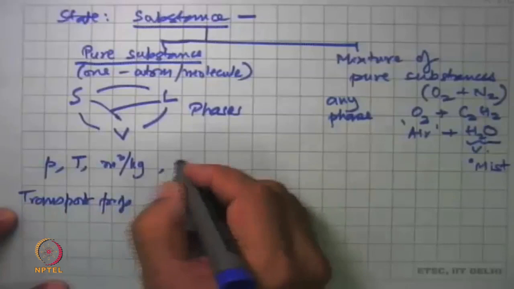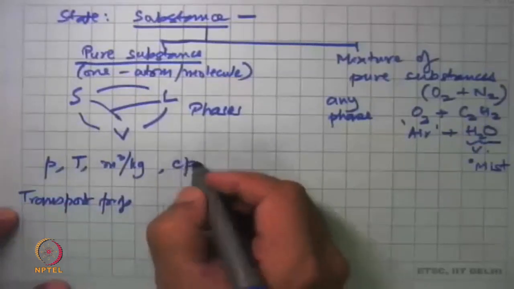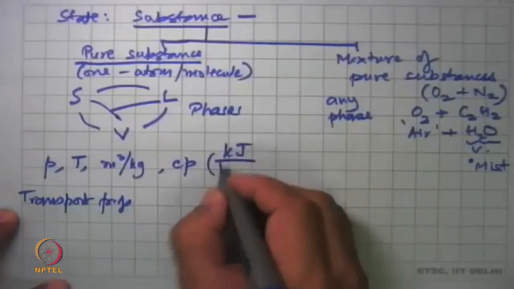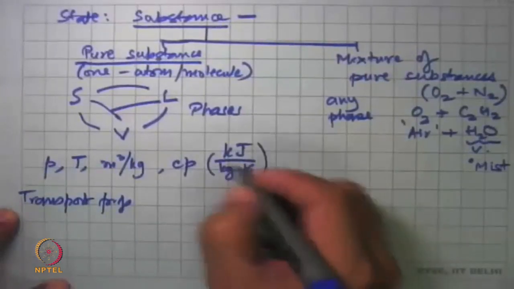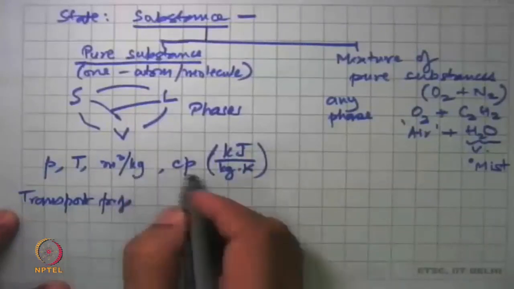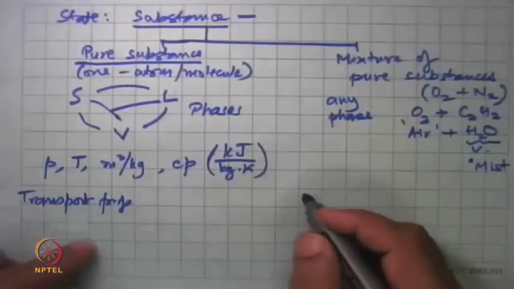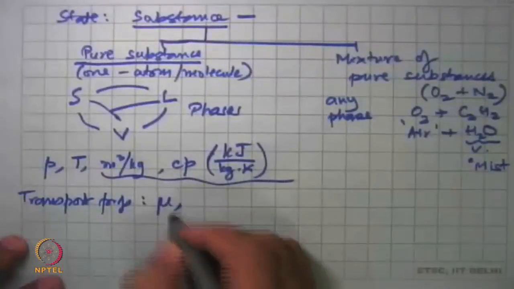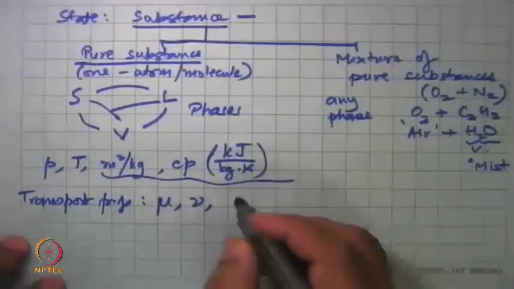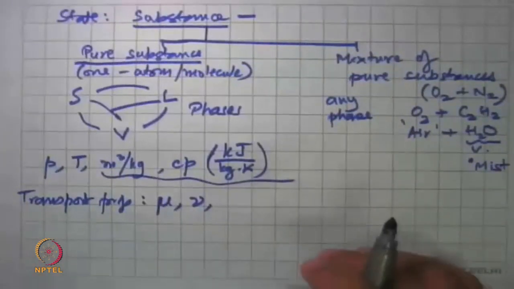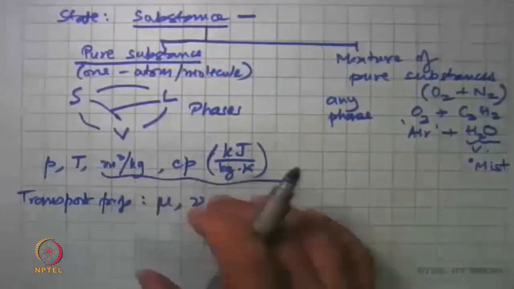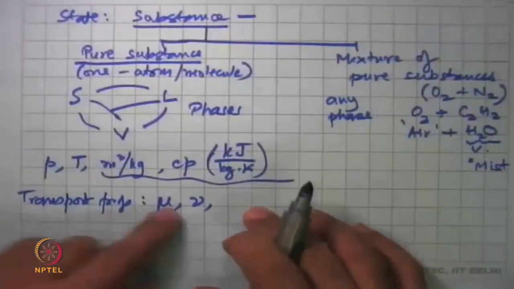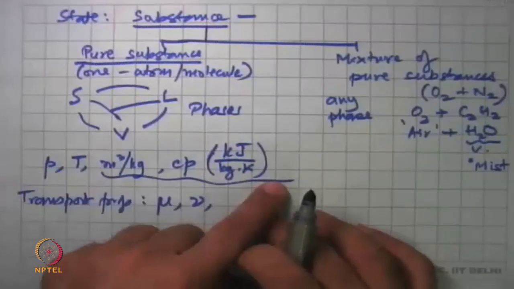This also includes specific heat, C, Cp, whatever it was, and remember the units are kilojoules per kg per K. So again, this was specific volume, this is specific heat. The word specific is now coming in here. Transport properties include viscosity, kinematic viscosity, things like that. We do not need these in this particular course. In fluid mechanics or in a more advanced course, we would worry about this. We would be quite happy with the thermodynamic properties.